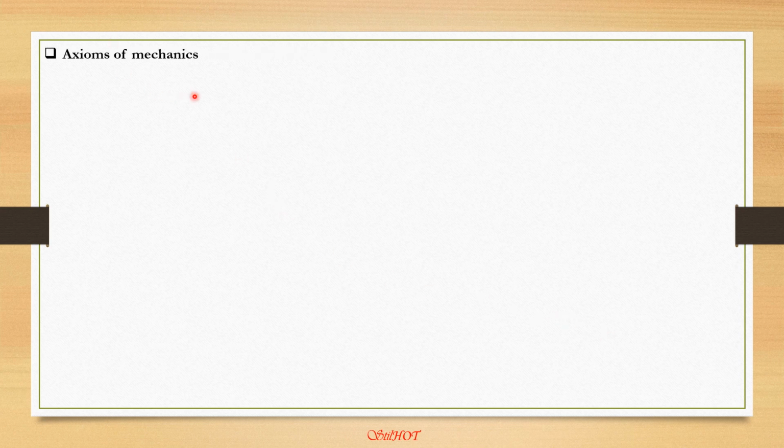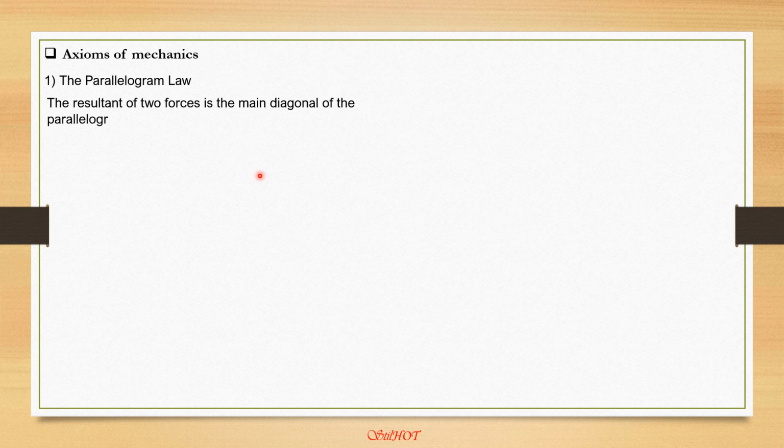Then let's proceed to axioms of mechanics. These are statements that are assumed to be correct without proof, and this must be based on your experience from your statics class. So the parallelogram law states that the resultant of two forces is the main diagonal of the parallelogram formed on the vectors of these two forces.